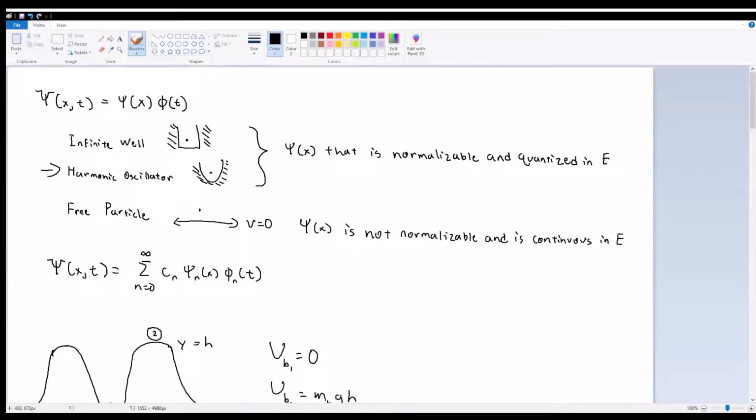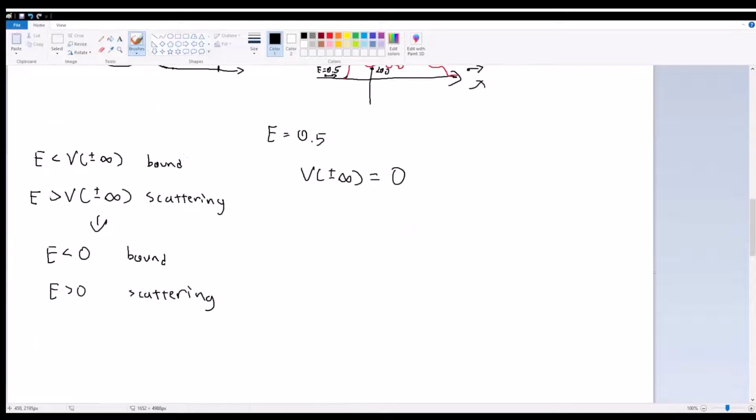Now, this doesn't correspond very well with the cases we've studied so far, because in the infinite well and harmonic oscillator, in both cases, no matter how high the energy of the particle got, it was always bound in this well. That seems to contradict what we've gone over here, because E is always greater than zero in those two systems, but it's still somehow bound.